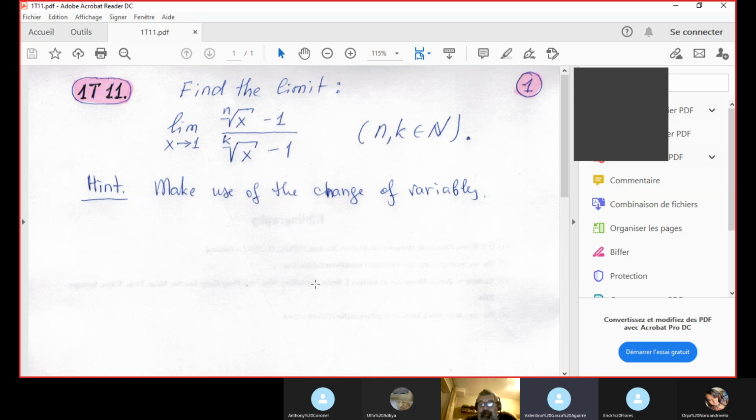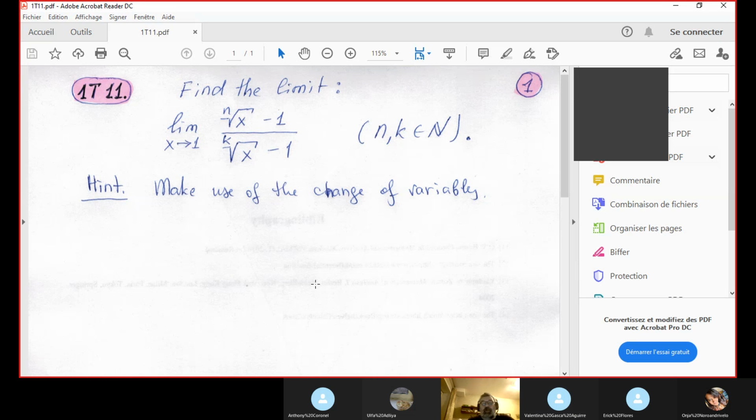We need to change the variable, so in place of x I put 1 plus t to the power, Valentina, to what power? For the moment I think 1 plus t to the power 1 over n.